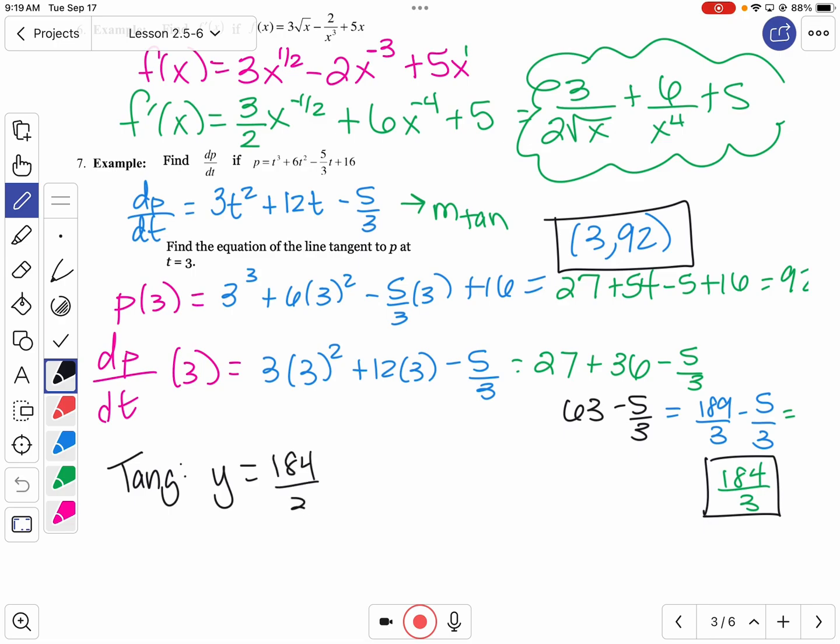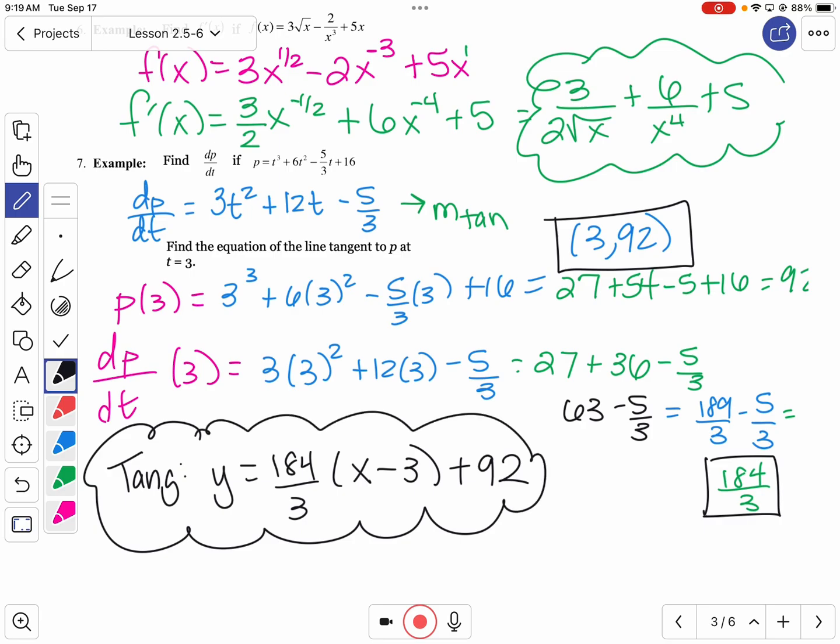What comes first in the parenthesis? x. Opposite of the x value in my point, same y value. Okay? And 7 times 7 is 49, not 14. Okay? We all make those mistakes. Okay? I make them more than anybody else, so.